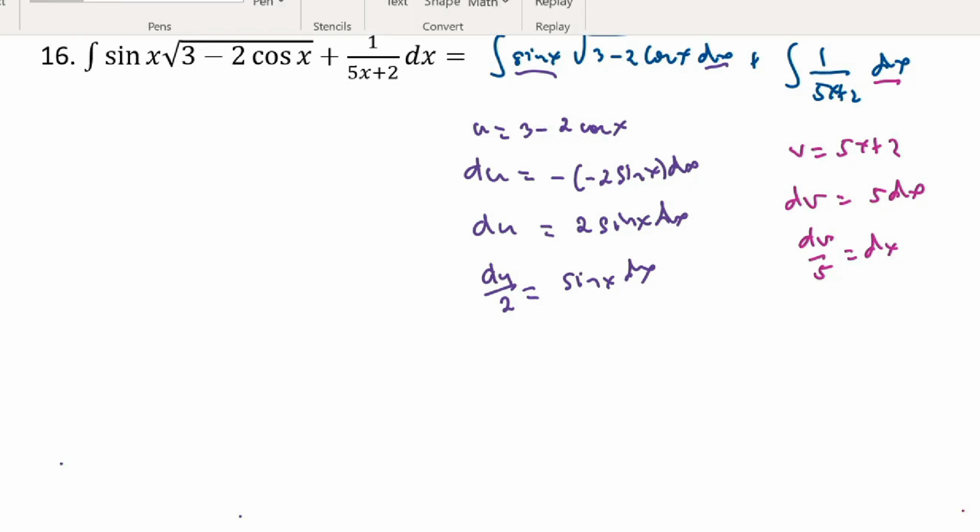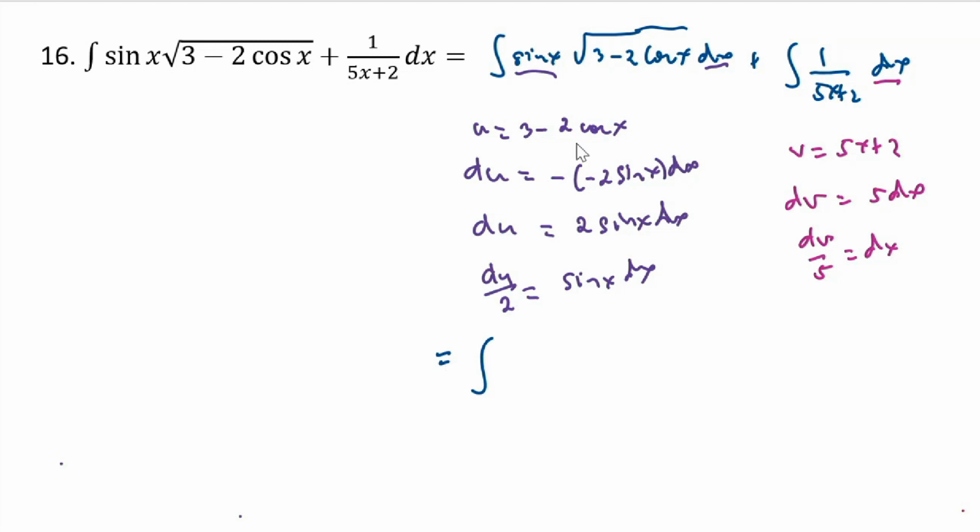we can now rewrite the given as the integral of u raised to 1 half times du. And in the second term, dx means dv over 5, over 5x plus 2 which means v.